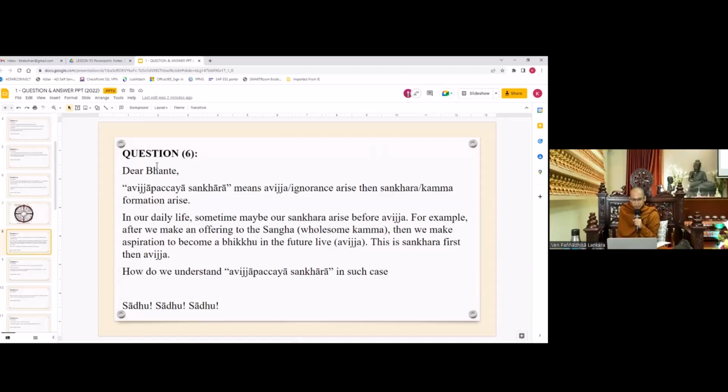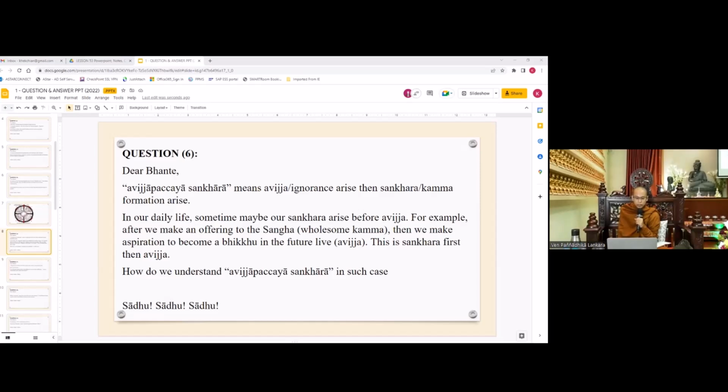Actually, the expectation to become a bhikkhu is based upon the avijja itself. Without the avijja, that expectation would not be possible. That's why the avijja already exists inside the nature.